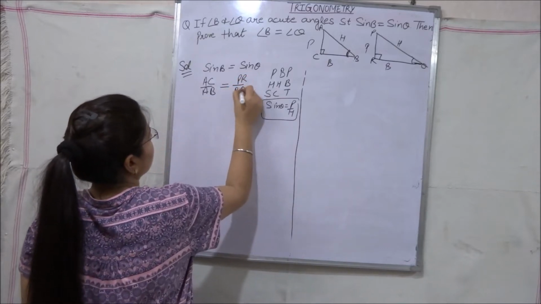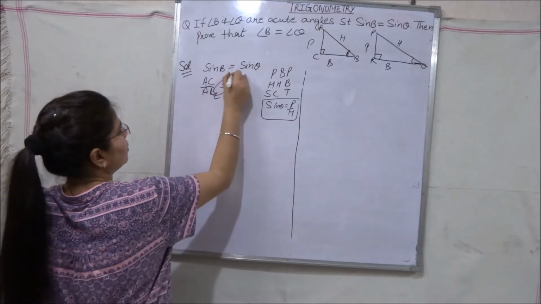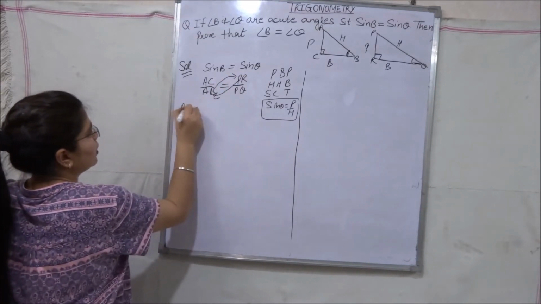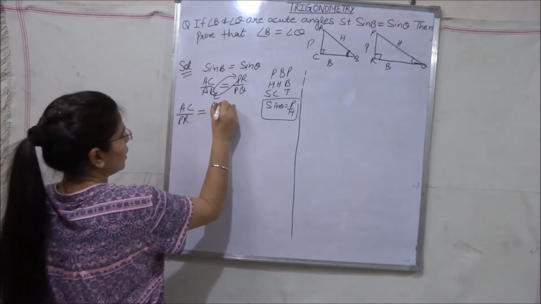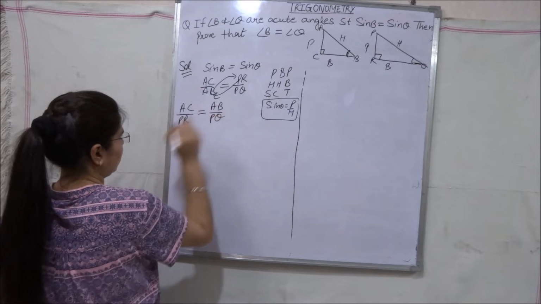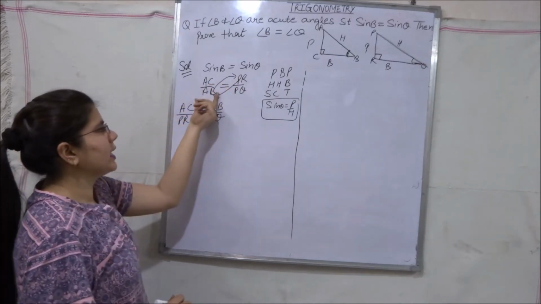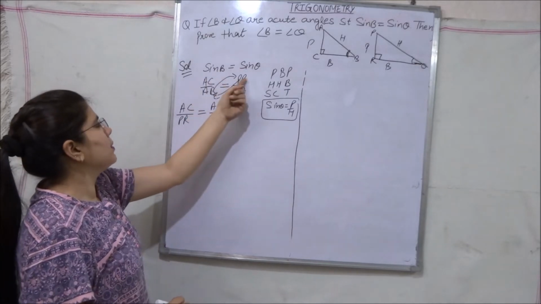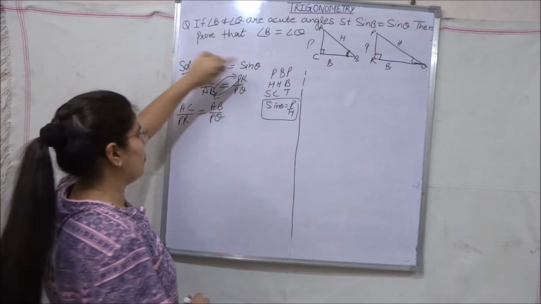PR/PQ. Now taking interchange, AC/PR equal to AB/PQ. We are just interchanging the side that APR is taking in downward and AB will be taken in the upward direction.